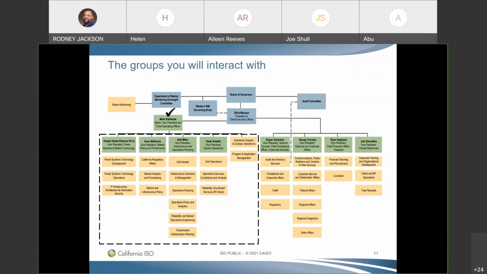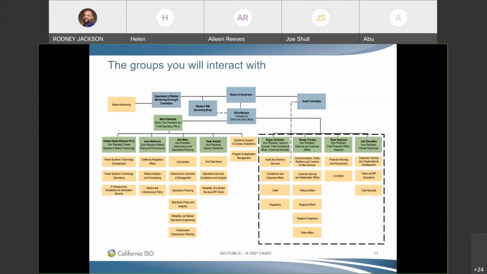Those of us on the customer readiness team are part of the external and customer affairs team. With all of these different functions, it is imperative that all these groups work together to effectively manage the grid.